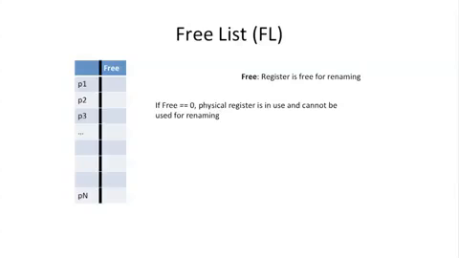And finally, we have a free list. And this is literally just a bit per physical register, which is very different than a bit per architectural register. And it's just going to have, let's say we have big N physical registers, or I don't know, we have 256 physical registers.